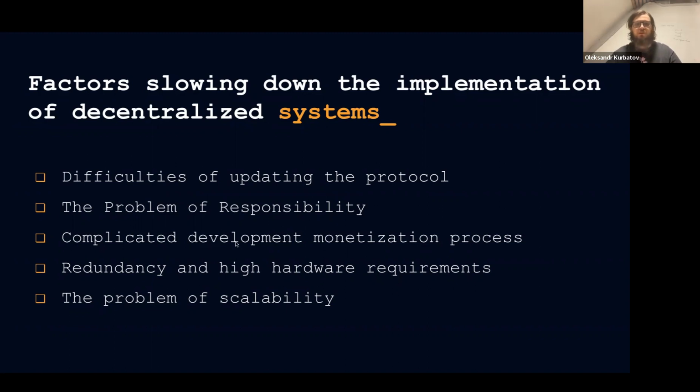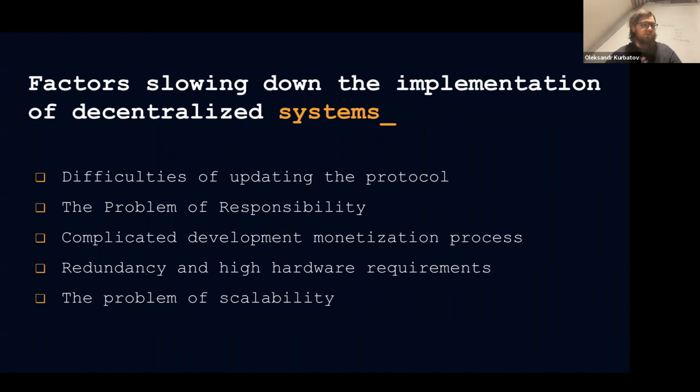The third one, the complicated development monetization process. It's obvious that if you have some centralized authority, or some quorum of organizations, able to invest money and time in the development of your solution, this is pretty cool, and it will allow you to increase the speed of development itself and of providing the solution to the market.